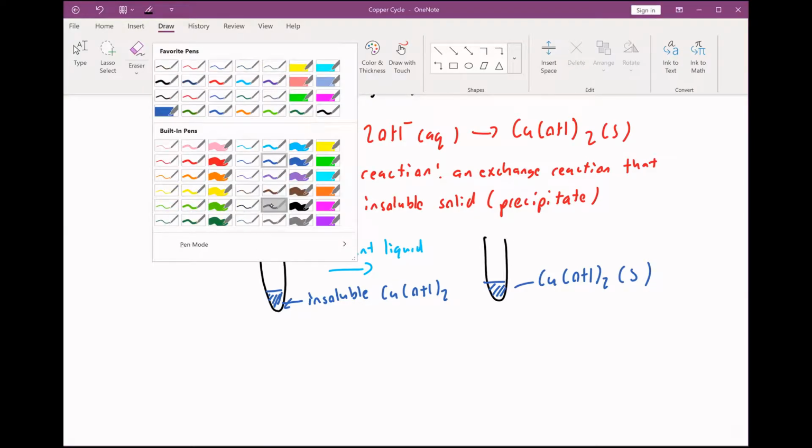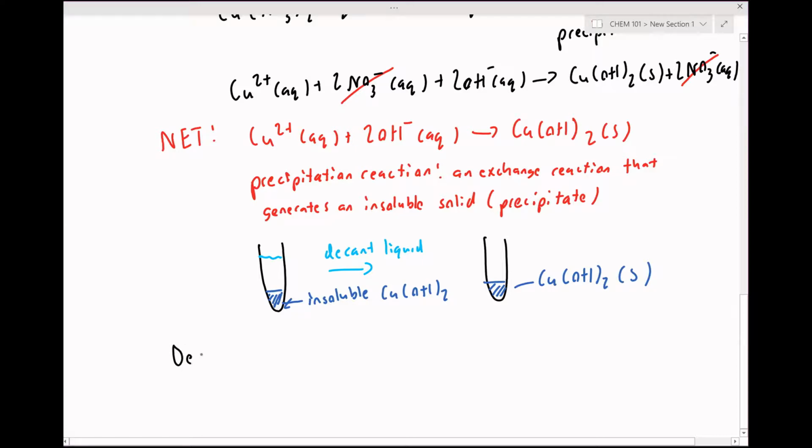So the next reaction we're going to look at is the decomposition of copper hydroxide to copper oxide.